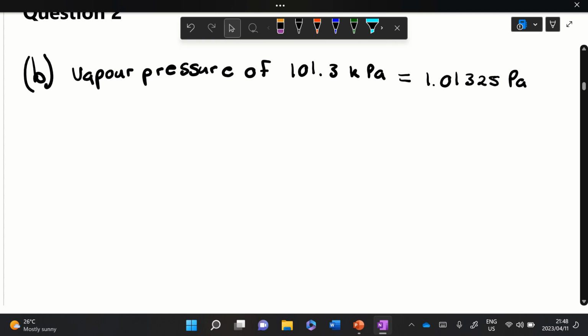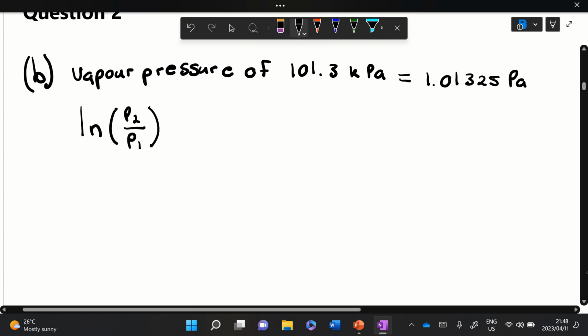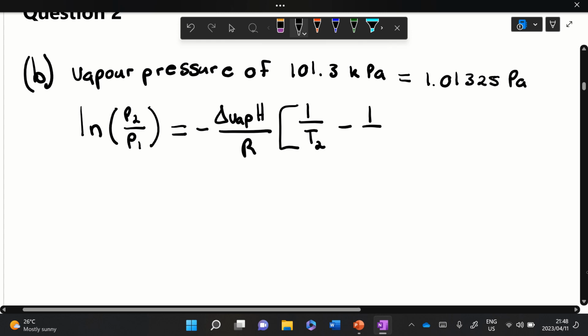So starting with it again in the form like this, ln P2 over P1 equals minus vaporization enthalpy over R, 1 over T2 minus 1 over T1.